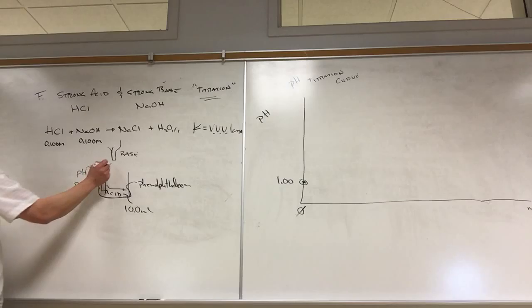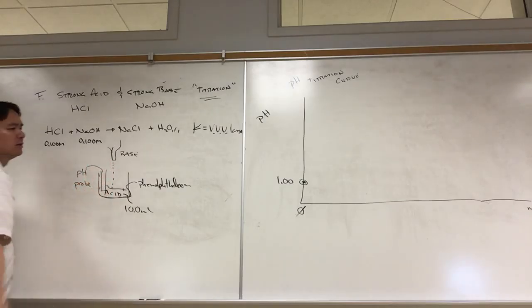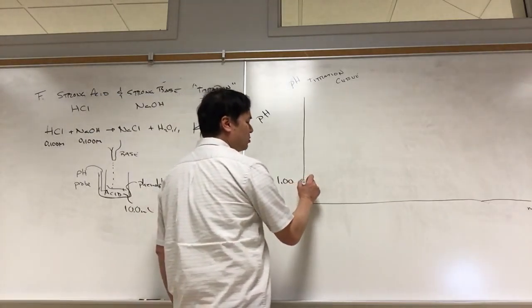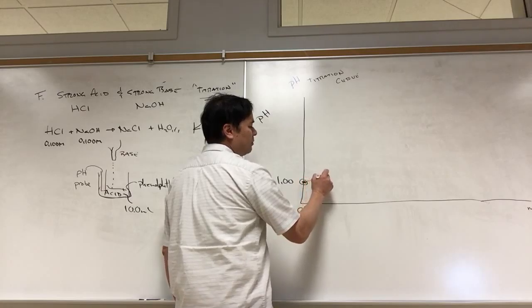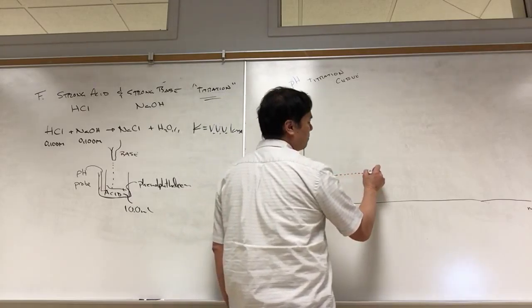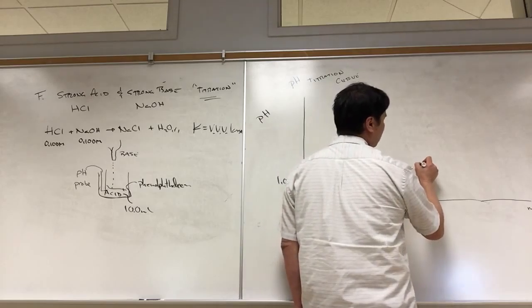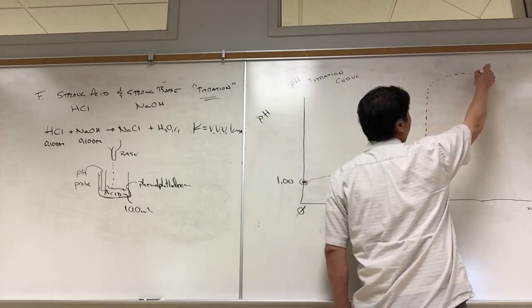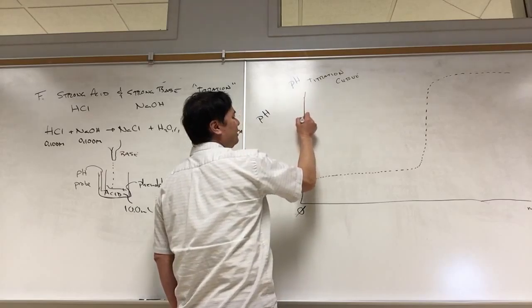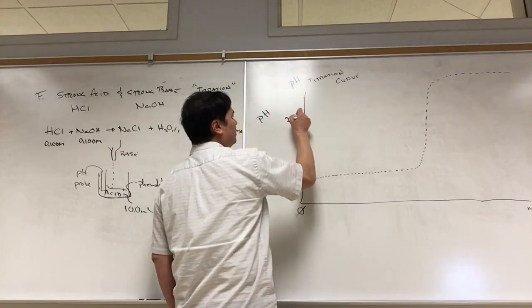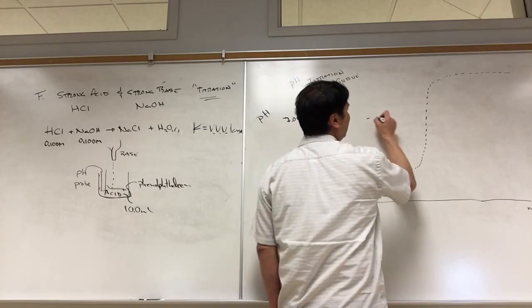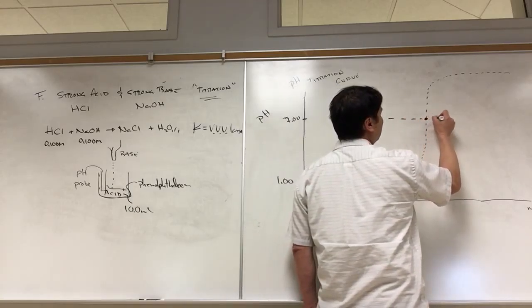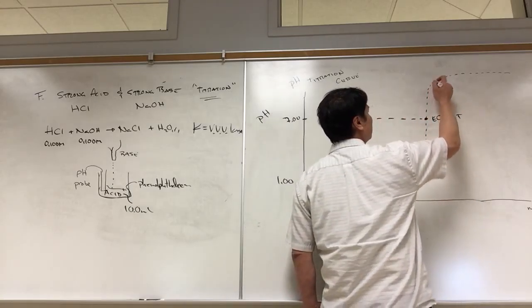And then I start adding the base slowly to this. As I add the base slowly, I'm going to neutralize some of the acid, but there's still going to be excess acid. And then all of a sudden the pH is going to shoot up and then stabilize again at pH 7. This is what we call the equivalence point. This should be symmetric.